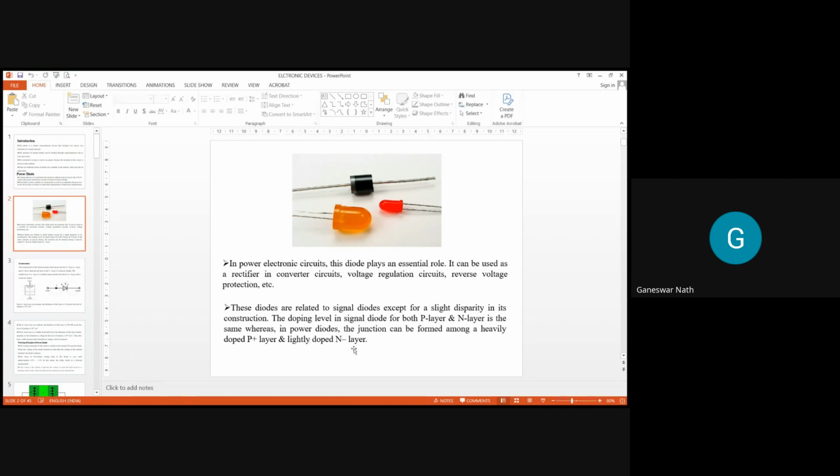So this is lightly doped, that is N minus, and heavily doped, that is P plus. These are the two semiconductor layers before making the construction.